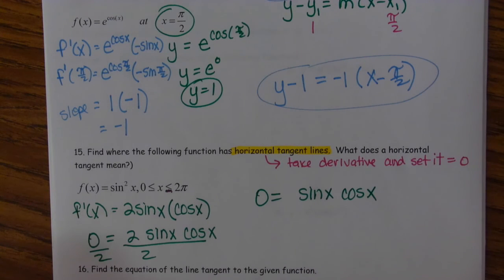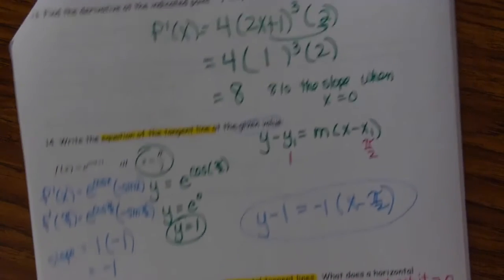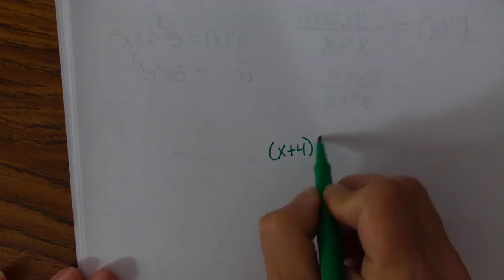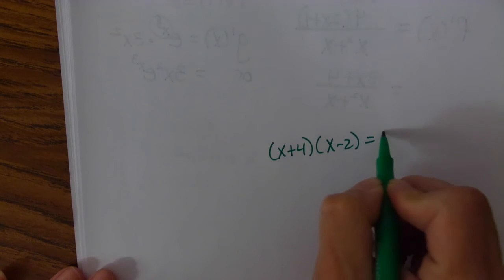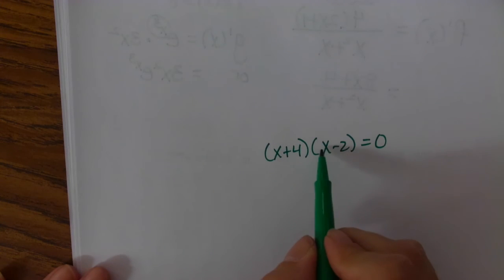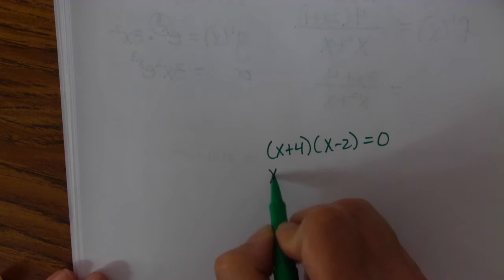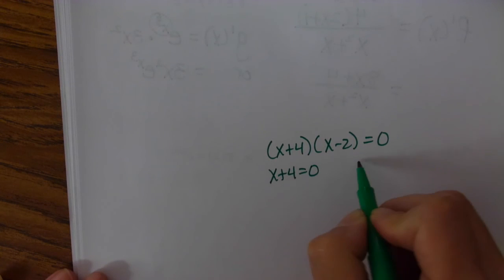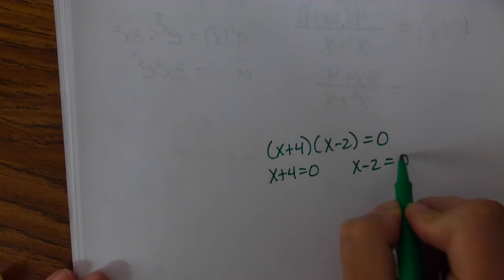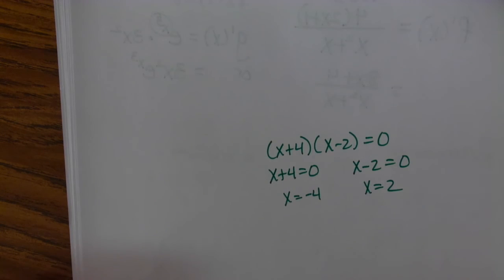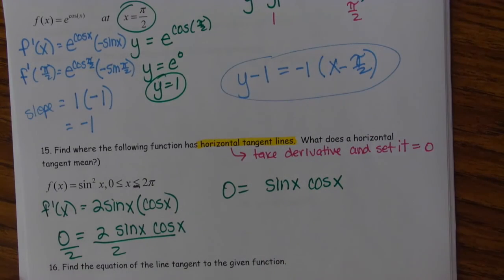Now, how do you solve problems like that? Let's look at algebra for a second. If I gave you this, what would you do? You say, oh, those two things are multiplied. So if one of them is 0, the whole thing is 0. And you'd say x plus 4 equals 0, x minus 2 equals 0. So x equals negative 4 and x equals 2, right? It's the same thing here. We have two things multiplied.